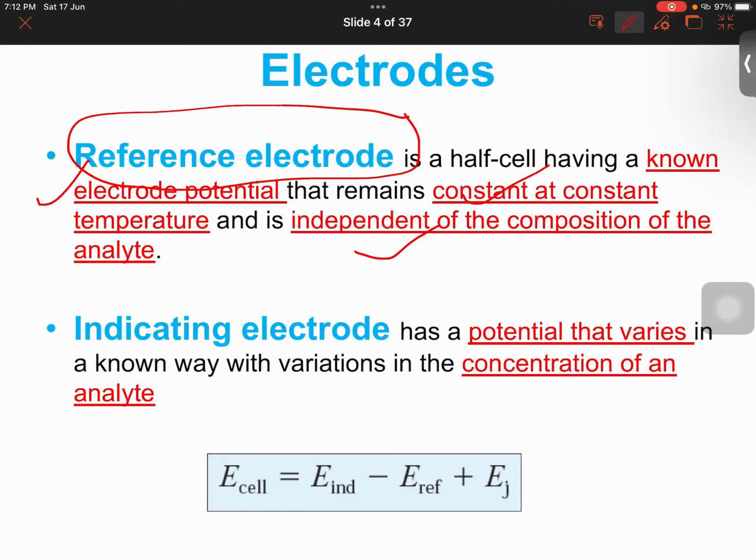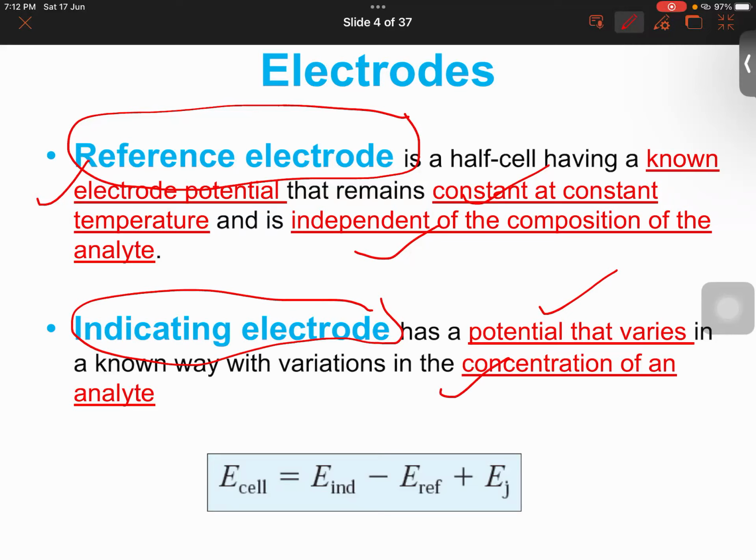It's supposed to be constant. Whereas the indicating electrode or working electrode has a potential that is responsive to the concentration changes of the analyte of interest.